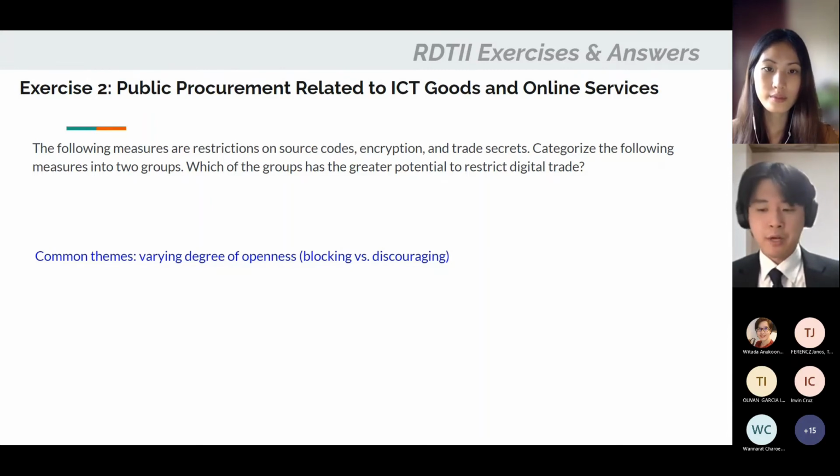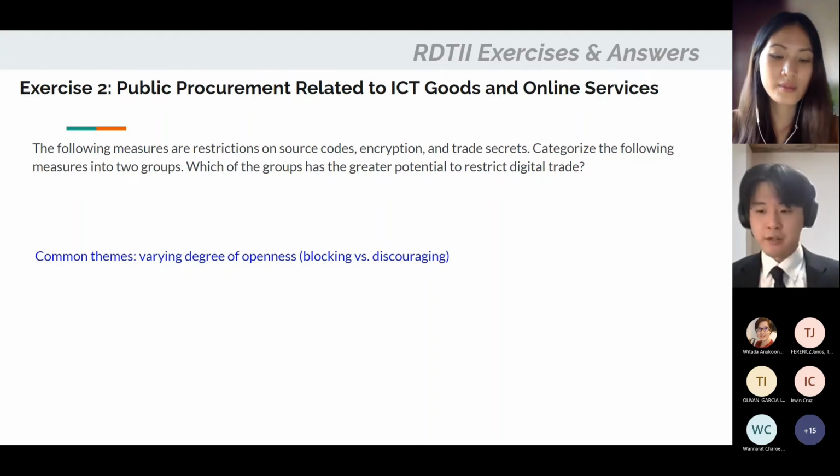One trade regulatory measure is more restrictive than another. So in our example, the requirement to submit source code is actually trade blocking, more restrictive than the other group, which is trade discouraging. It discourages foreign businesses from participating in your trade. So that is one of the common themes that applies throughout the RDTII framework.